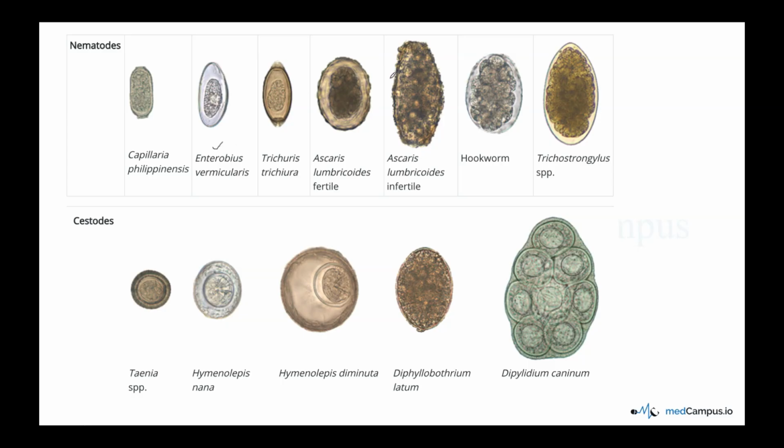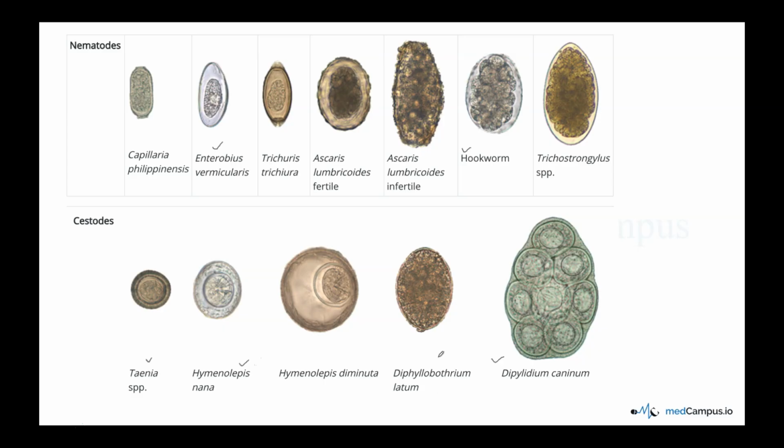And the next thing is, species differentiation is not possible with both hookworm and Taenia species, but it is possible with Hymenolepis. And eggs are passed in groups, that is Dipylidium caninum.